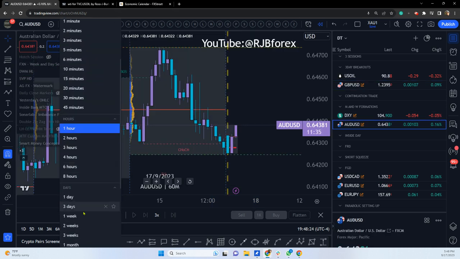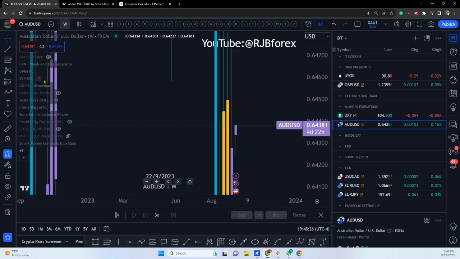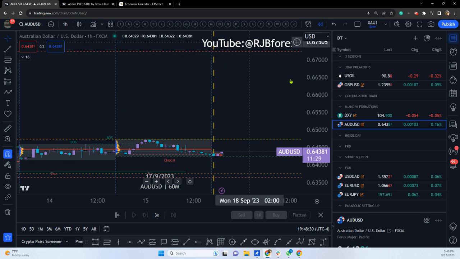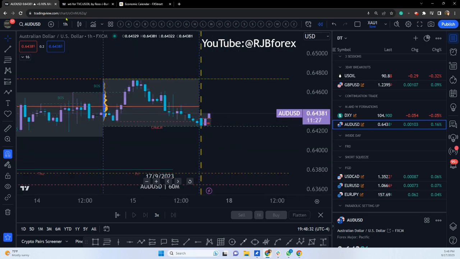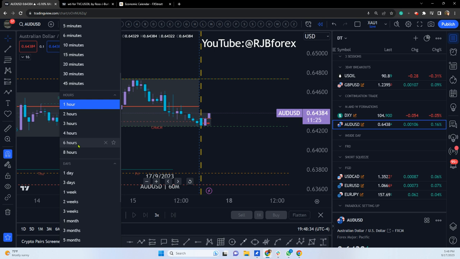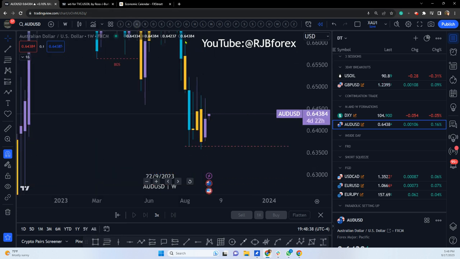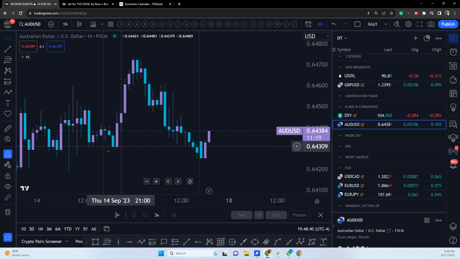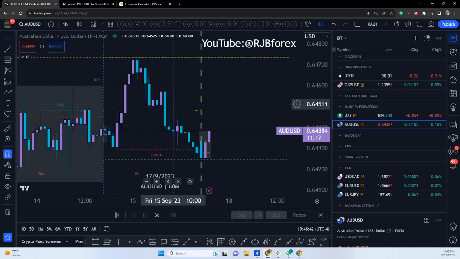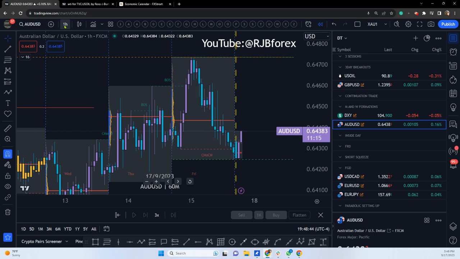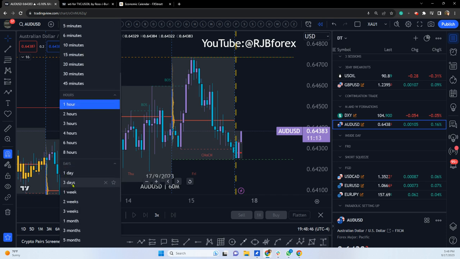Moving to the Aussie, we've already done the US dollar. How are we looking on the Aussie? On the 1 hour chart, let's go out to top down analysis. So the weekly chart. Well, it's the hourly chart.